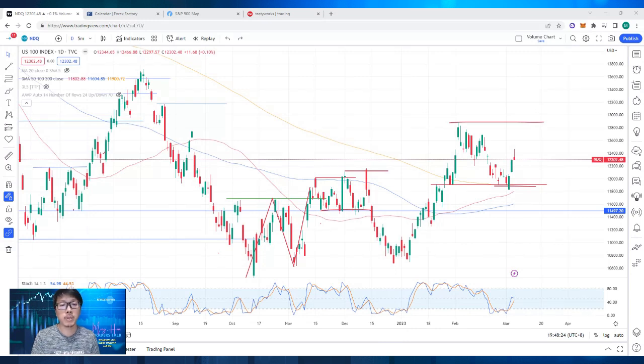The other thing which I forgot to cover is the Hang Seng Index. Let me go back.